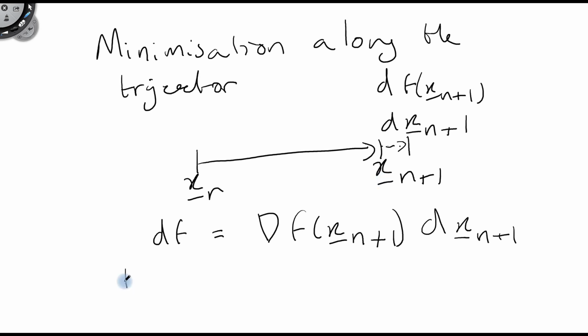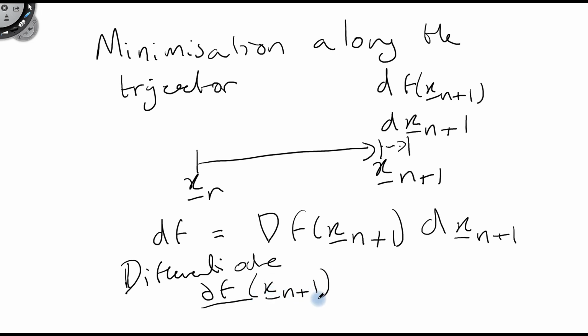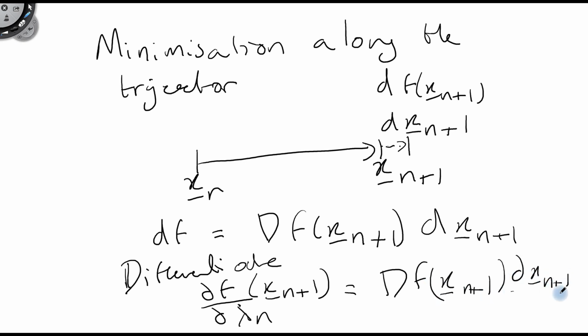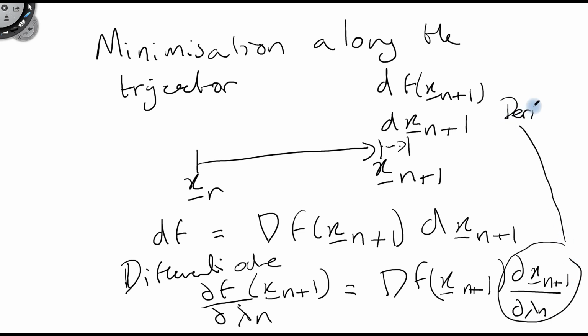And if we then differentiate that, we have the partial of f at x of n plus 1 by d lambda n equals grad f of x of n plus 1 times partial x n plus 1 by d lambda n, and it's this thing that we derived earlier from the trajectory.